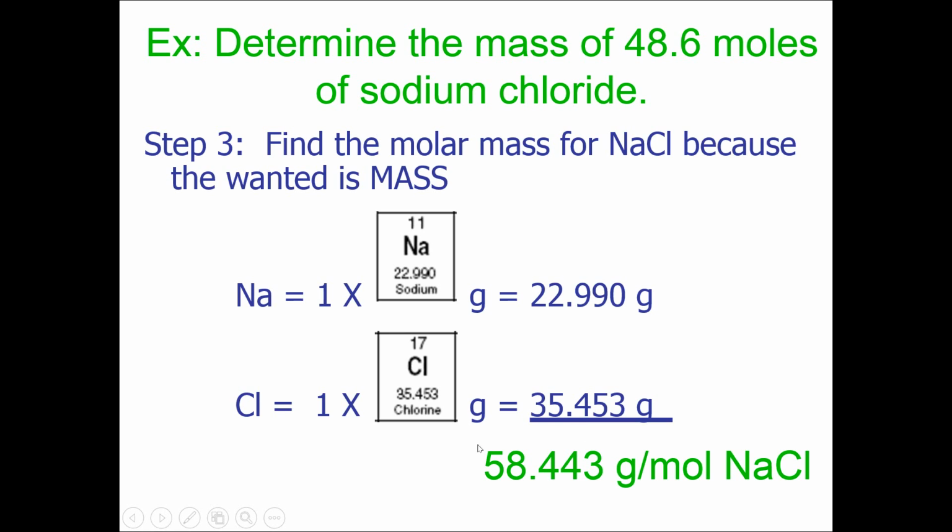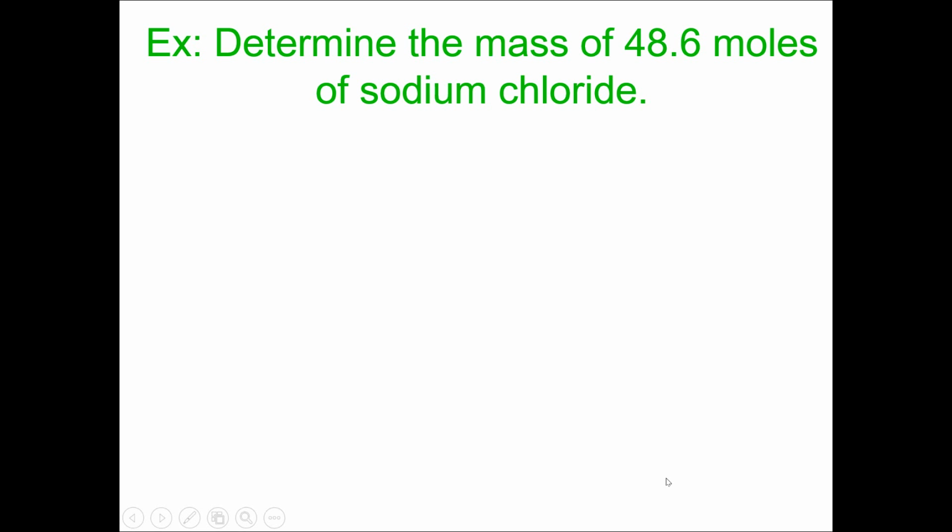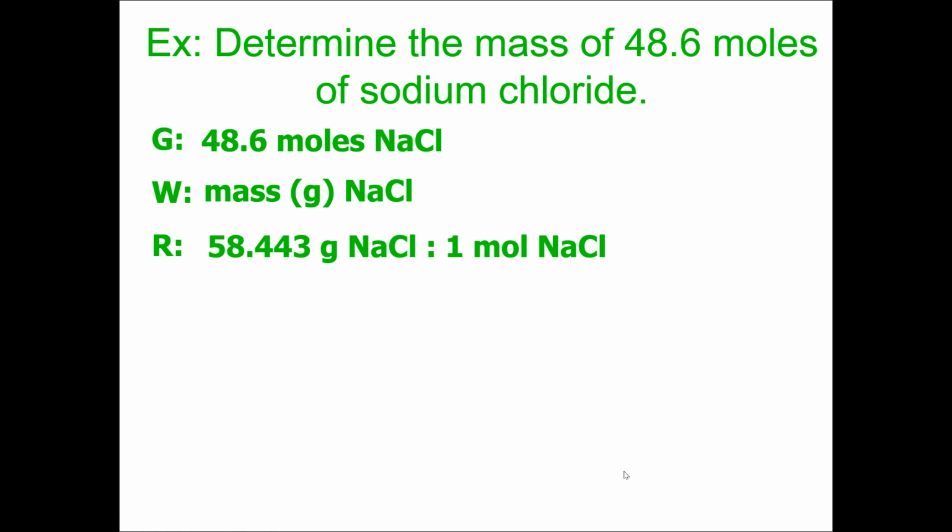We round this value to the thousandths place, and we end up with 58.443 grams per mole. I'm going to take this unit and write it as a ratio here, and here is my molar mass. So basically what this problem tells us so far is that in 1 mole of NaCl there are 58.443 grams.